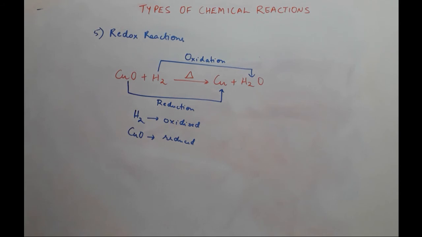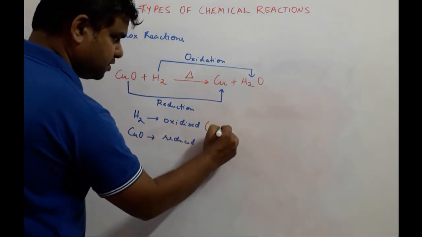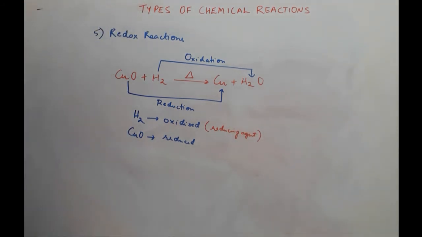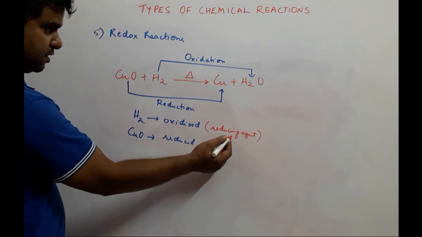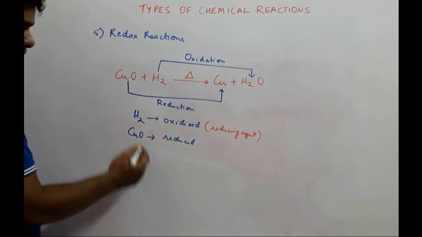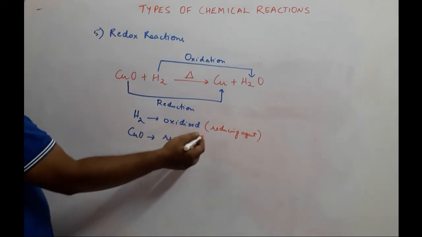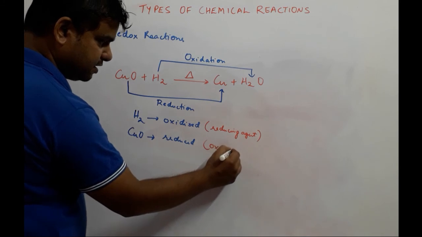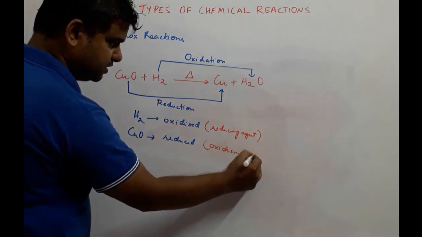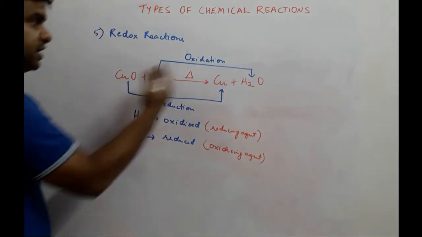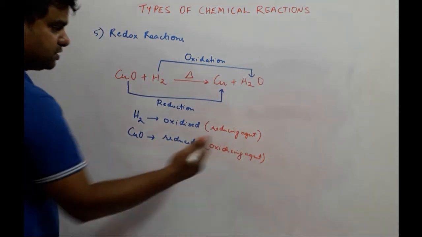Now, similarly, H2 is also known as a reducing agent. Why is it known as a reducing agent? Because it gains oxygen, and CuO, which actually gives its oxygen and gets reduced, is referred to as an oxidizing agent. Because it is oxidizing someone, it is giving its oxygen to someone, it is referred to as an oxidizing agent.